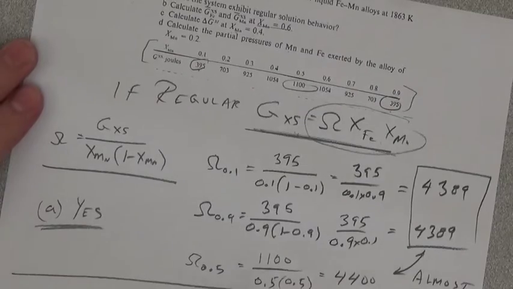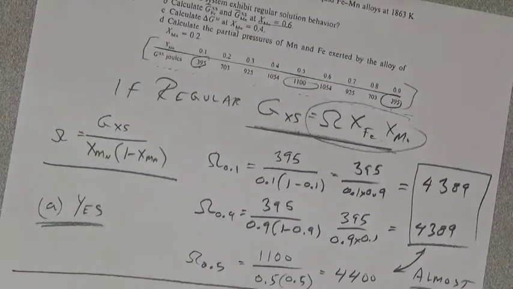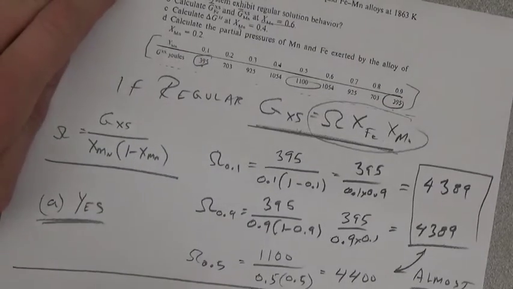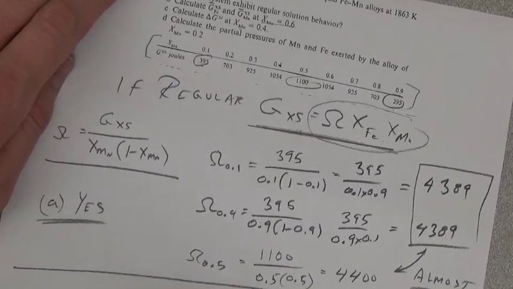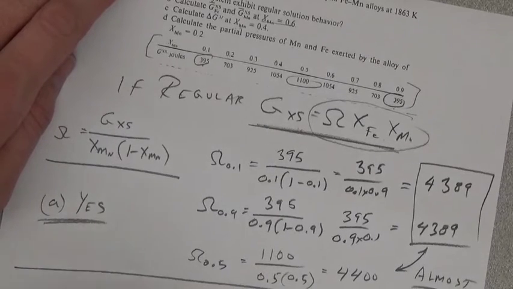Okay. The next is we have to look at the partial molar quantities, or the free energy, of iron and manganese.